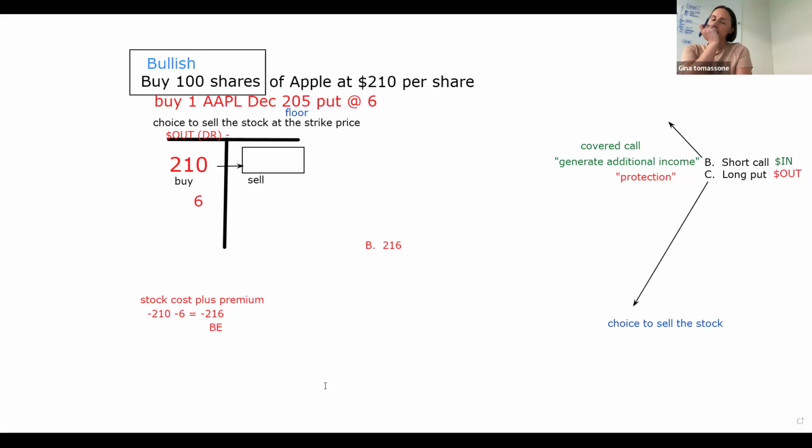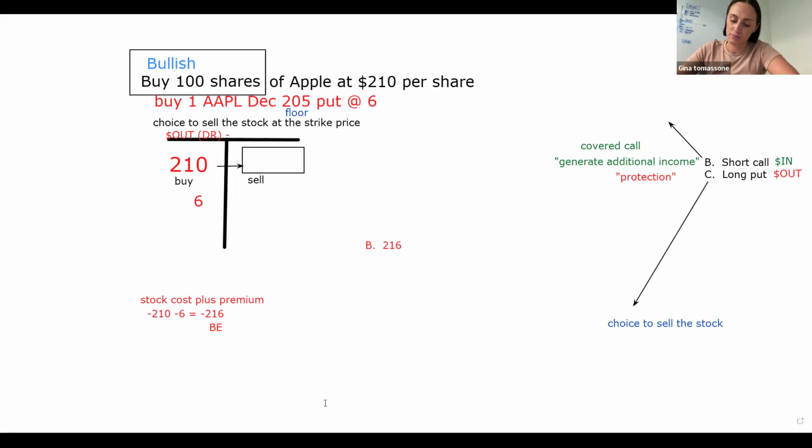I wouldn't worry about the max gain on this one, and the reason is that we're not doing this hedge for the gain. We still have unlimited gain. There is no ceiling here. And if the stock goes to 300, you say, "Dean, we wasted our money for the 205 put." I say, "Well, Gina, we didn't buy the put in case we were right. We bought the put in case we were wrong."